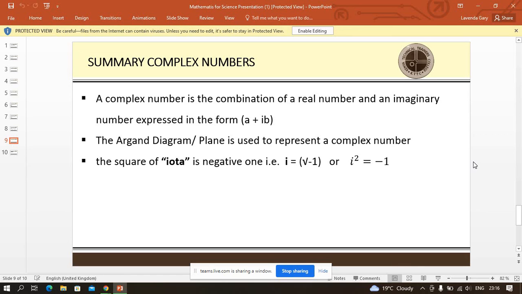How to represent a complex number in an Argand diagram. And you all know what an Argand diagram is. Yes, it's just like a Cartesian plane. Thank you very much. And I said that i squared is equivalent to what? i squared, the iota. Negative 1. Thank you very much.